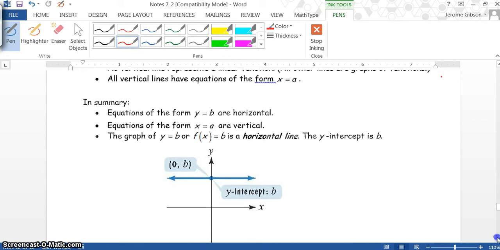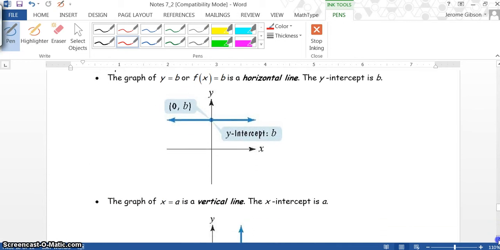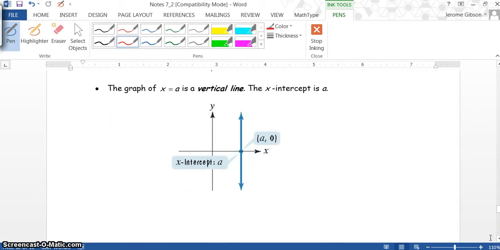In summary, equations of the form y equals b are horizontal. Equations of the form x equals a are vertical. The graph of y equals b, or f of x equals b, is a horizontal line. The y-intercept is b. The graph of x equals a is a vertical line. The x-intercept is a, which we see here.